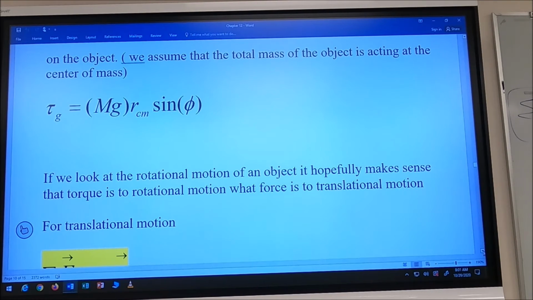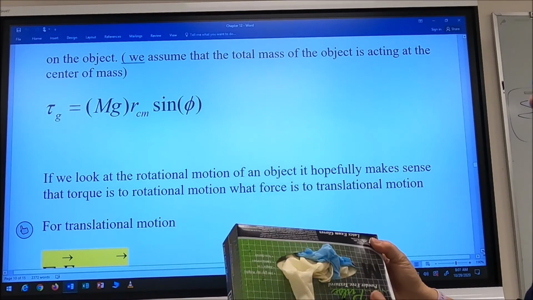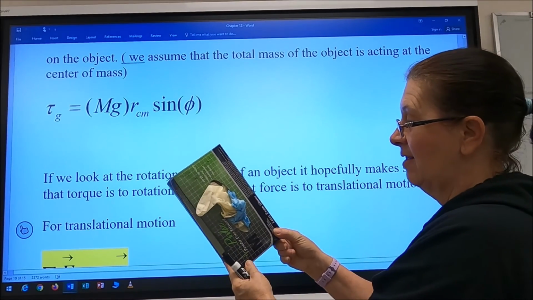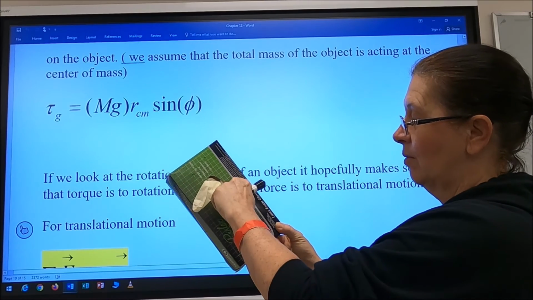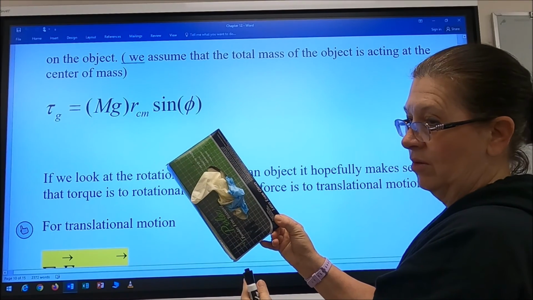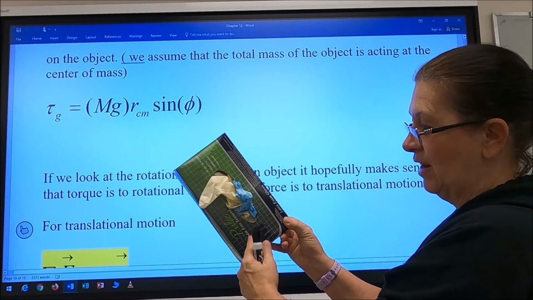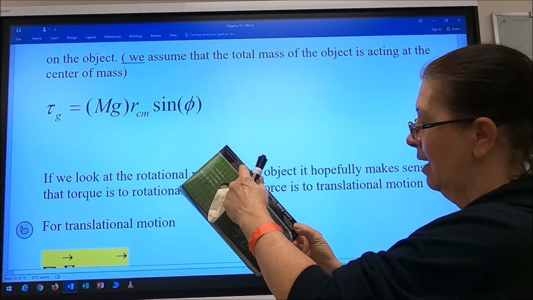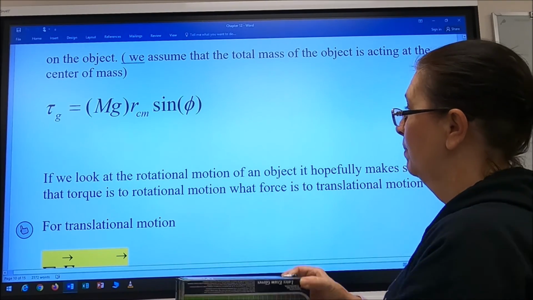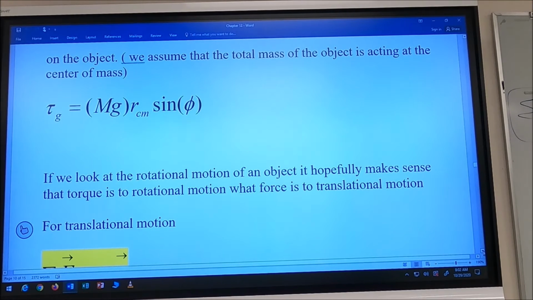So the torque due to gravity is mg times the position from the pivot point times the sine of whatever angle phi. So if I had this up like this, okay, radial position there, force due to gravity here, okay, we'd have that angle.